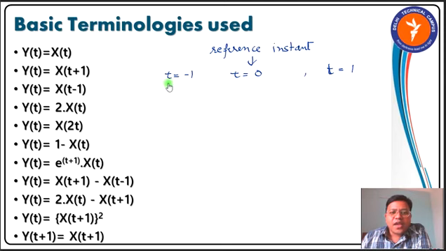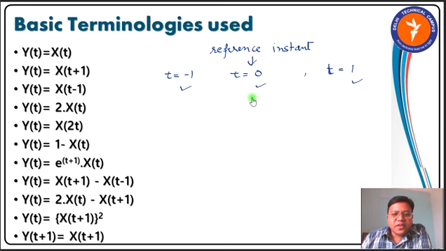That is, I bring some changes into the past at t equal to -1. So we can have a reference instant at any instant of time. So reference instant is the one at which we are doing our analysis, or we are bringing certain kinds of changes into the system.